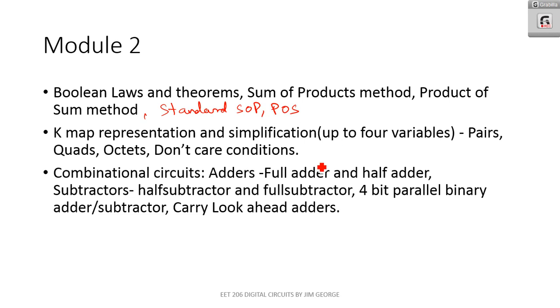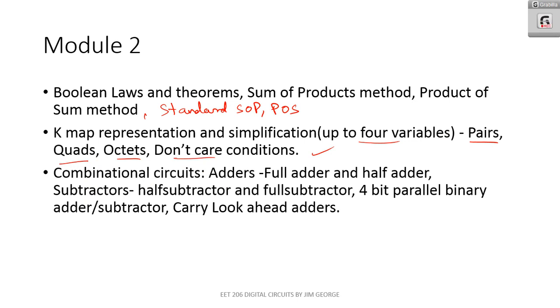Then we will go with K-map representation. Here there is a limitation: we need to study up to 4 variables, because with 5 variables you need to construct more than one K-map to reduce one expression. So we are limiting our K-map representation to 4 variables. How to design, how we have pairs, quads, octets, and how to deal with don't care conditions.